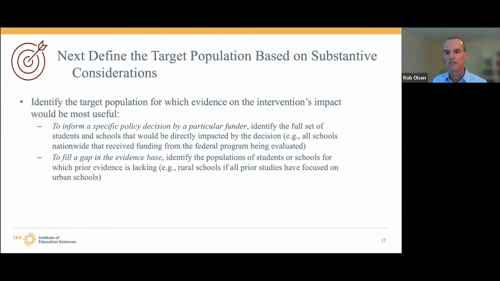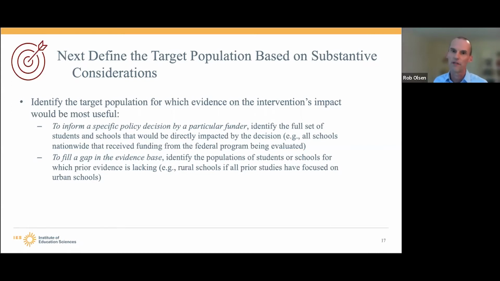And in those instances, the target population could be defined to fill that gap. So, for example, suppose all prior studies of a particular intervention had been conducted in urban schools, and the impacts in rural schools were thus unknown and of potential policy interest. In that case, the study could restrict its target population to only rural schools.